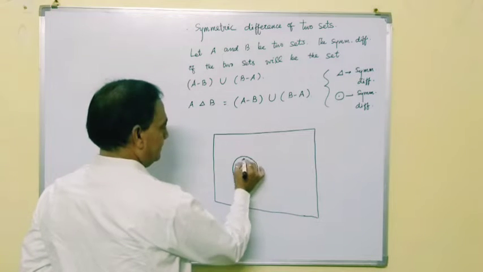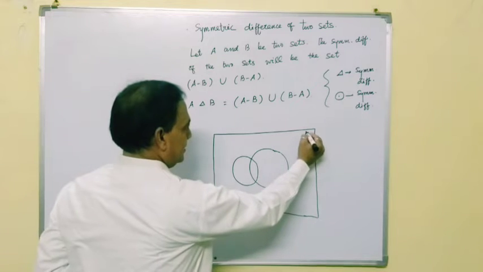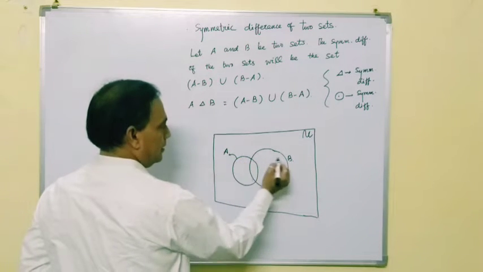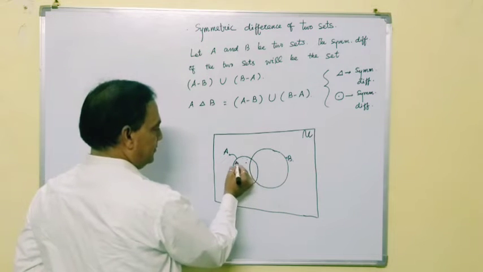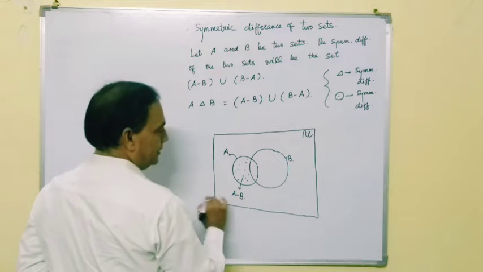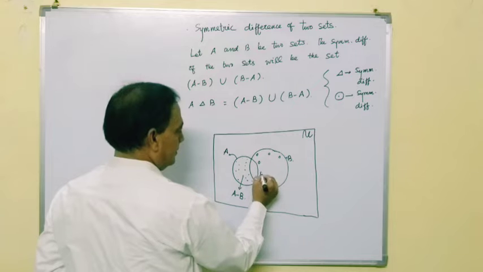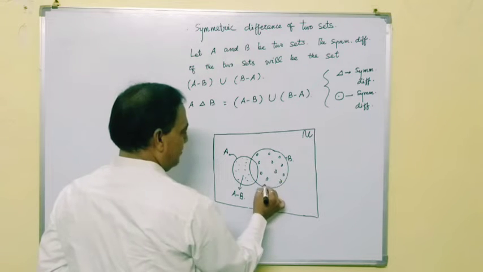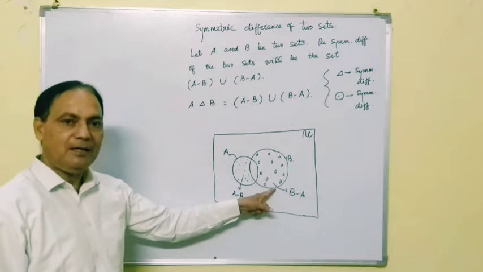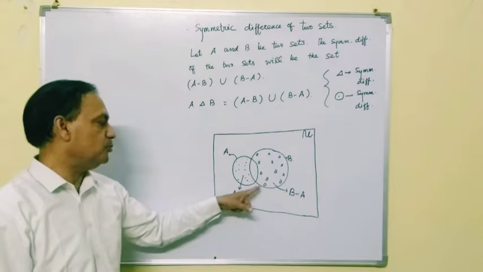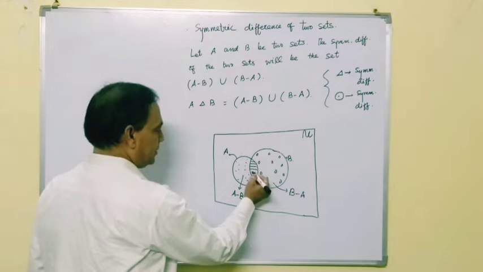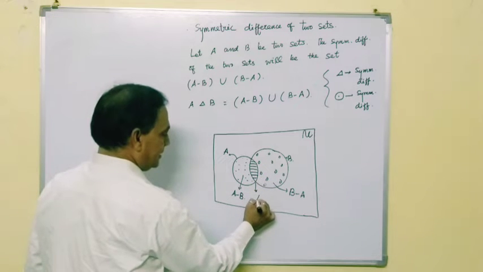This is set A, this is set B, this is U. These are the elements in the set A minus B. These are the elements of the set B minus A. A माइनस B और B माइनस A का यूनियन ले लेंगे, इन दोनों एलिमेंट्स को मिला के हम लिखेंगे, that will be the symmetric difference. But what about this set? This is the intersection of the two sets A and B, A intersection B.